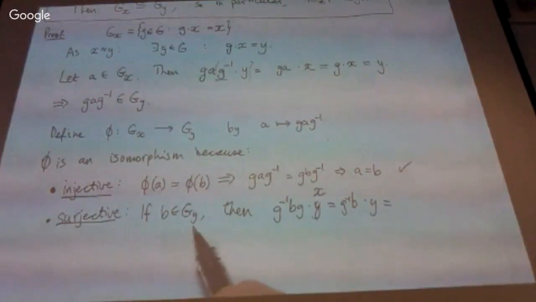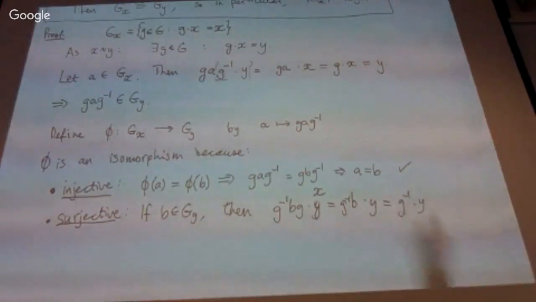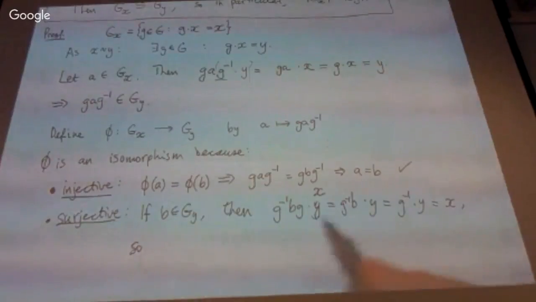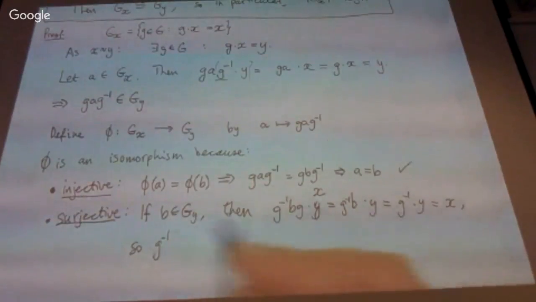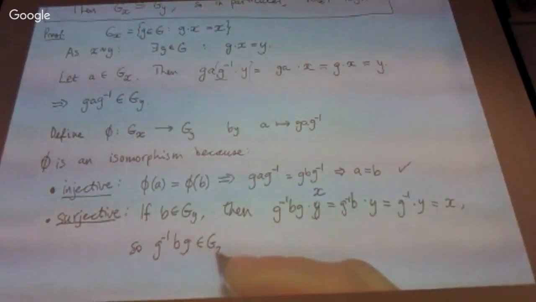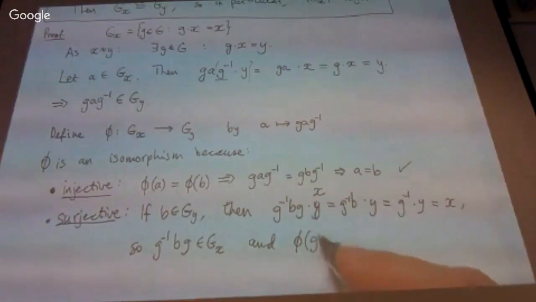Well, b is in the stabilizer of Y, so that's Y, so that's g inverse acting on Y. g inverse acting on Y is X. So g inverse b g is like a conjugate by the inverse of g in the stabilizer of X. And what is the phi of it?